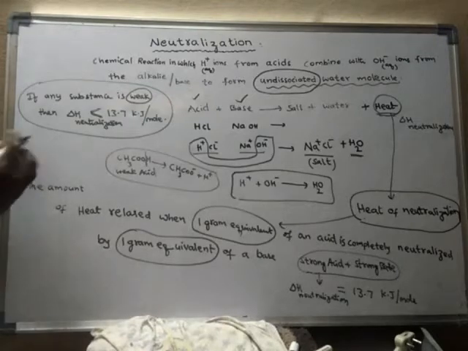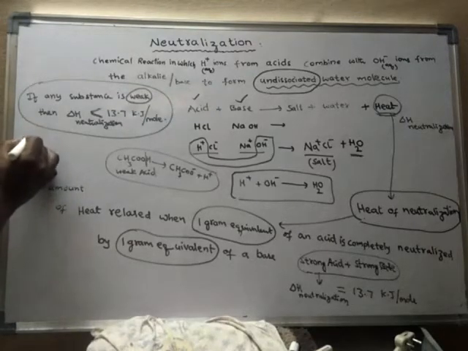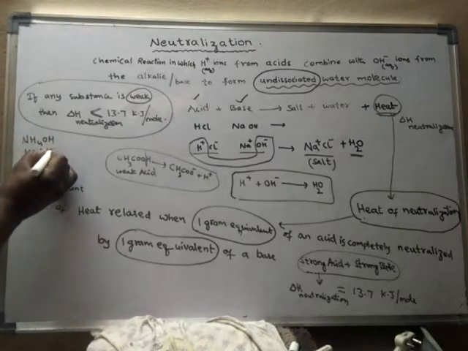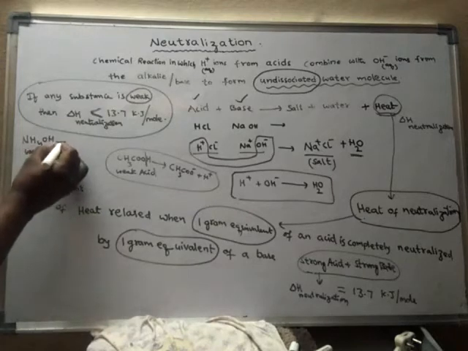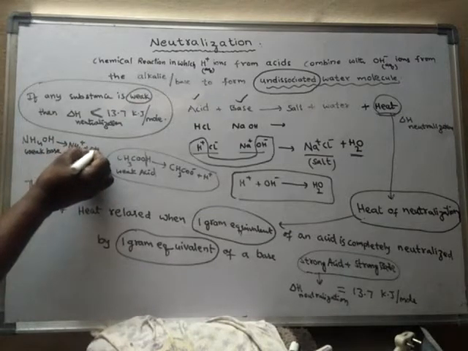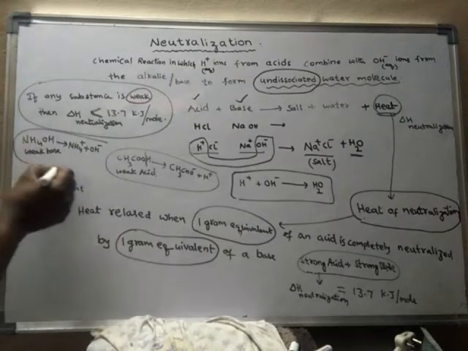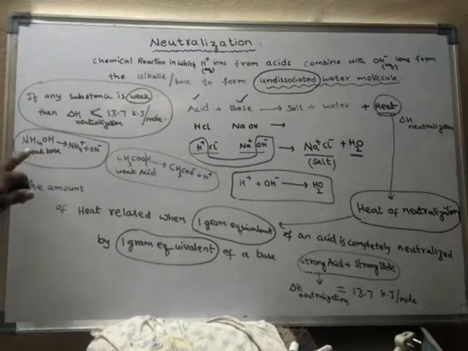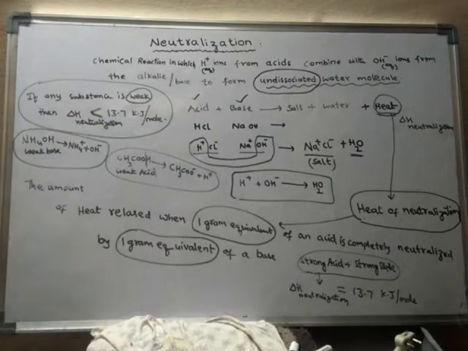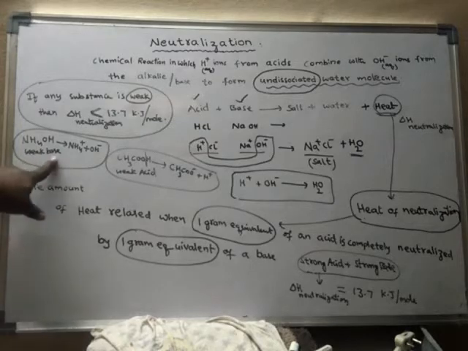For example, take ammonium hydroxide. It is a weak base. So it is very difficult for it to break down into NH4 plus and OH minus ions. It cannot break down easily, because it is a weak base.